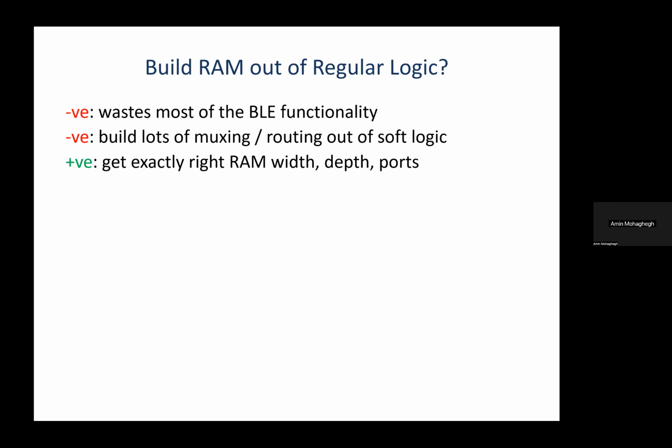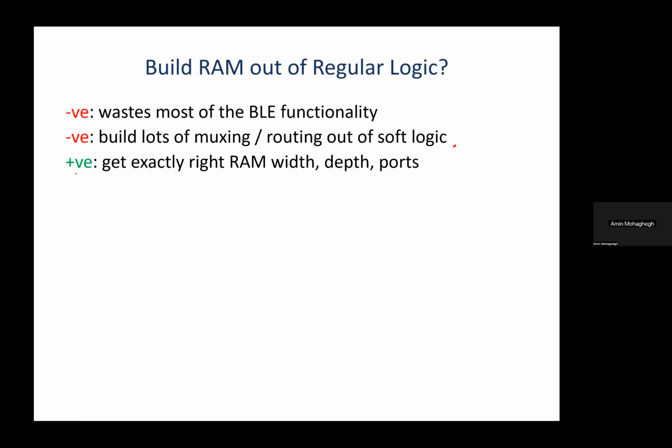And then a RAM isn't just memory bits, it's muxing and decoding to choose what memory bits you're writing and reading. That muxing and decoding actually gets pretty big. I'm going to show you in a minute how big. So there are some pretty significant downsides to doing this. The positive is we'll get exactly what the end user needs.